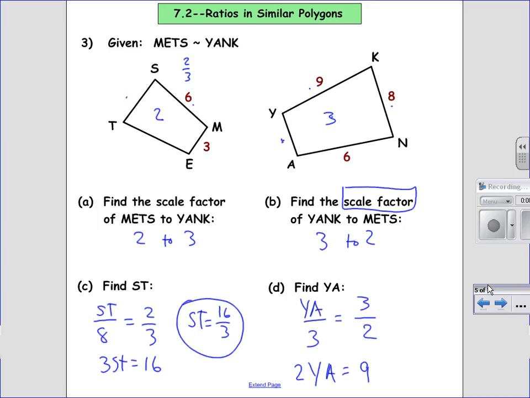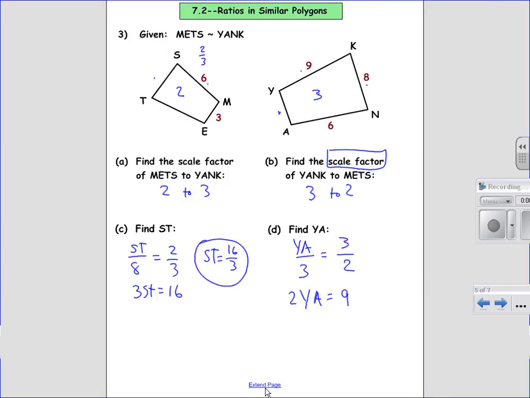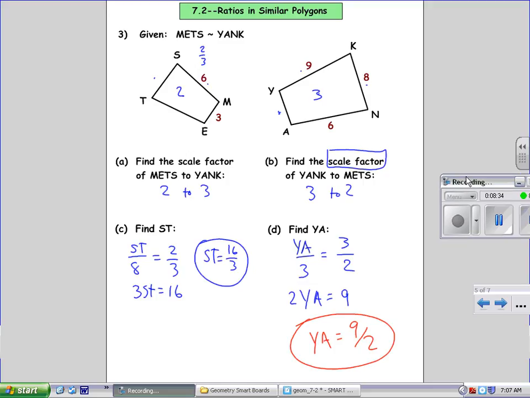Okay, so then YA therefore equals 9 over 2, which is 4.5. Okay, so that's how you do that. Use your scale factors to set up ratios.